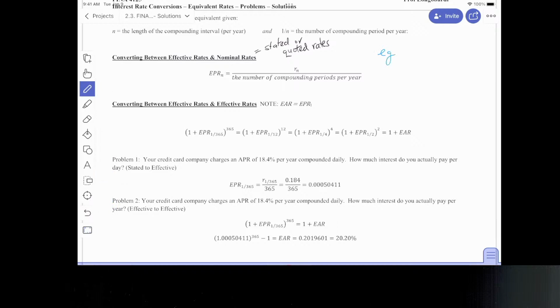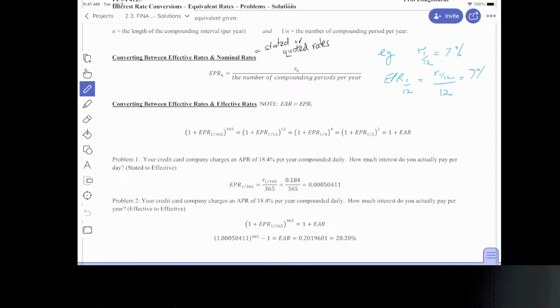So as an example, the mortgage rate is given to you as 7%. To find out what you're really paying monthly, it's the monthly stated rate divided by 12.